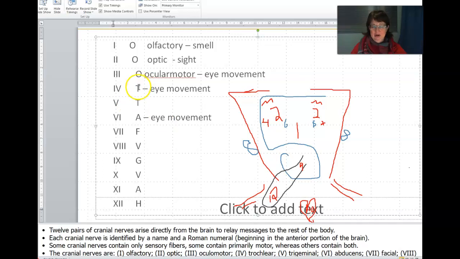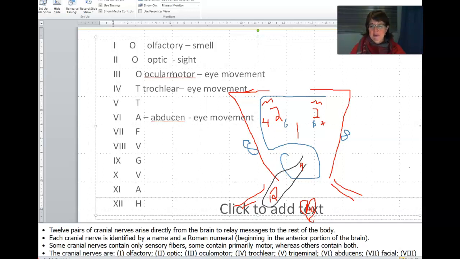Now, number 4 is trochlear, which is one of the ones that make no sense. Other than it's eye movement. And number 6 is abducens. Again, that one makes no sense to me either. But you need to somehow relate them all together.